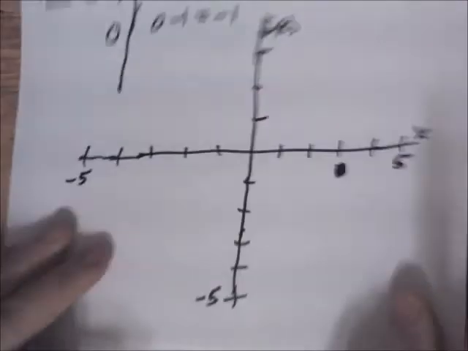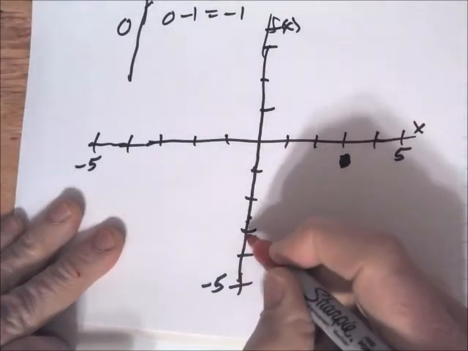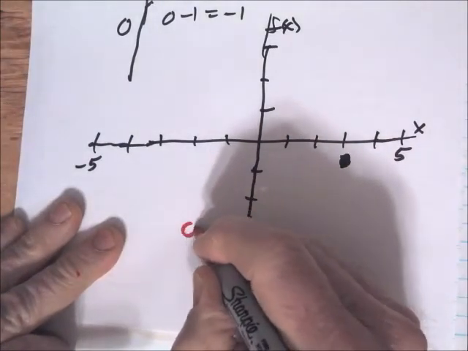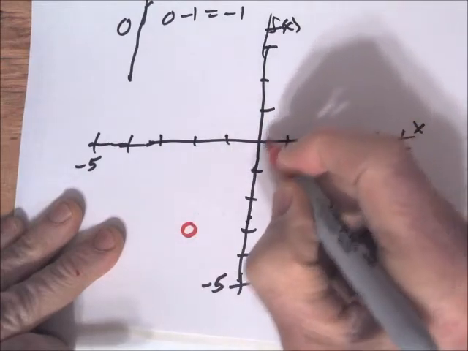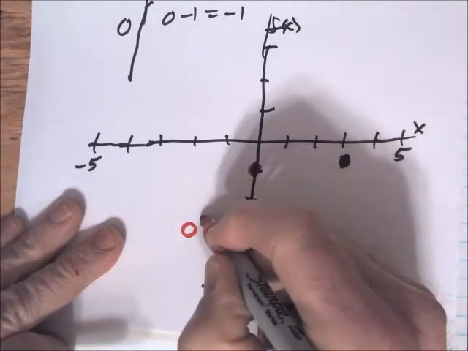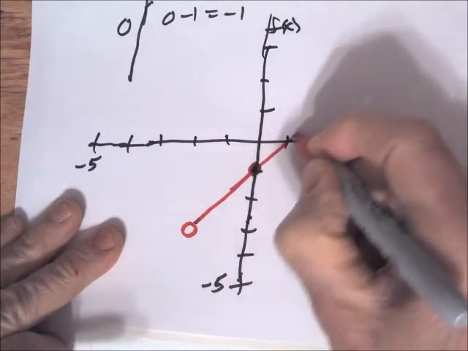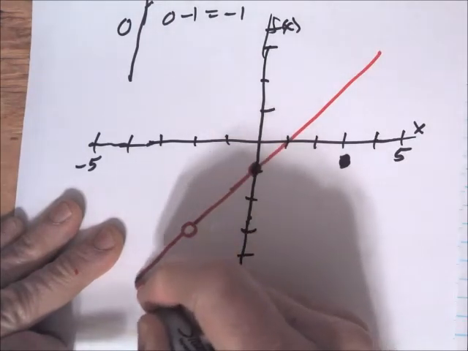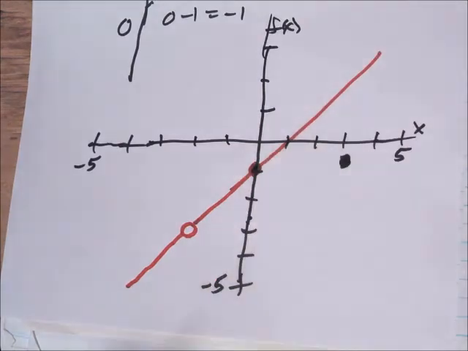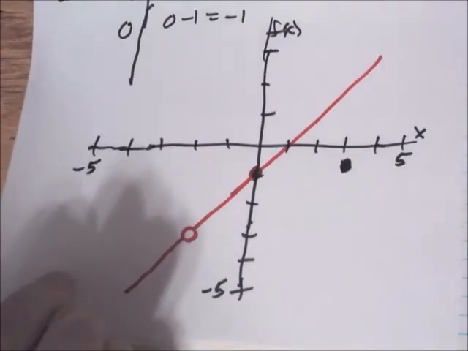That's where our hole is. And then we have a point at 0, negative 1, and we want to connect the dots, and that's our function. It's just a straight line with a hole in it. Okay, so again, oftentimes the rational functions are going to be hyperbolas, but not all the time. This is just a straight line with a hole.